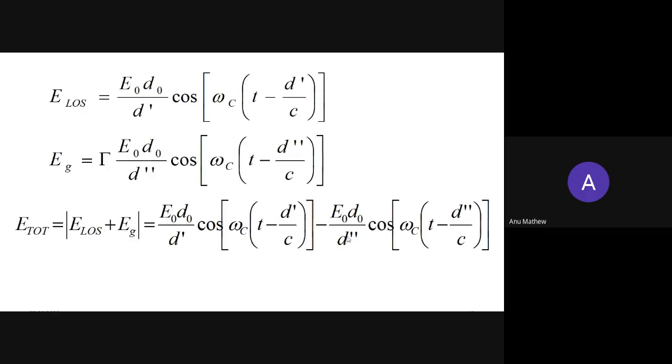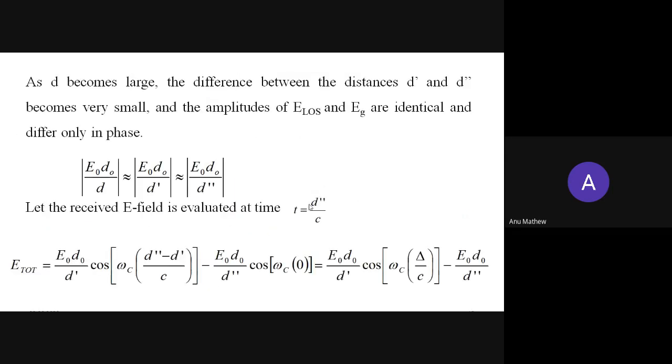We are substituting in this equation E total, here we are substituting t is equal to d double dash divided by c. So we can write it as E naught d naught by d dash cos omega c (d double dash minus d dash) by c, minus E naught d naught divided by d double dash cos omega c 0. That is equal to E naught d naught by d dash cos omega c delta by c minus E naught d naught divided by d double dash.